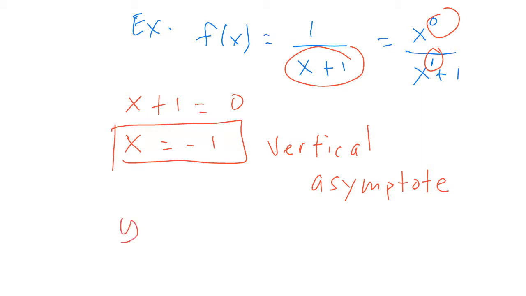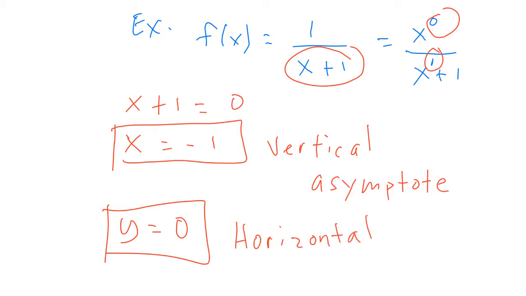So our horizontal asymptote here is y is equal to 0. If you're going to be asked, do you have a slanted asymptote here? The answer is none. If there is horizontal, there's no slanted asymptote.